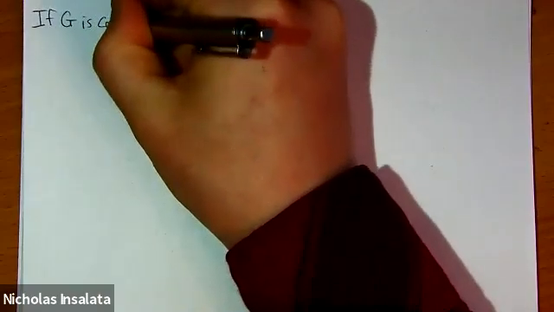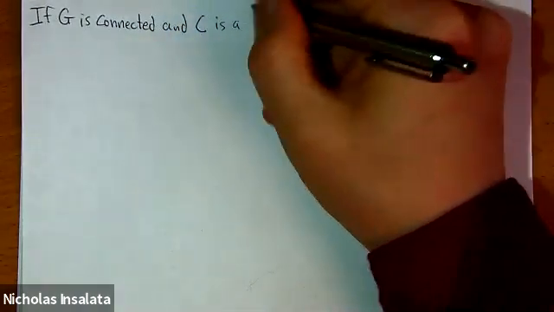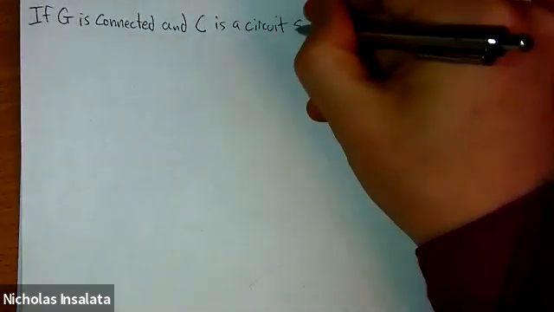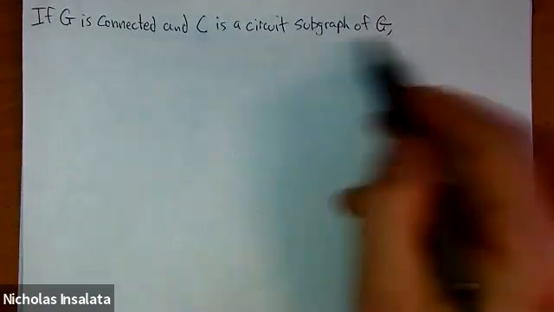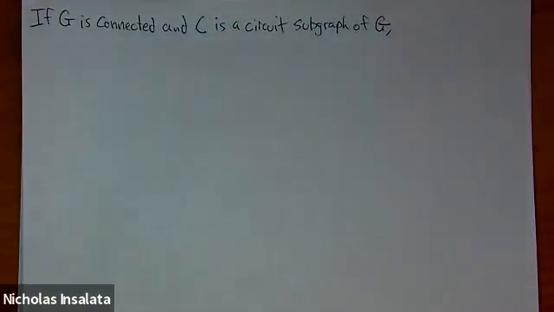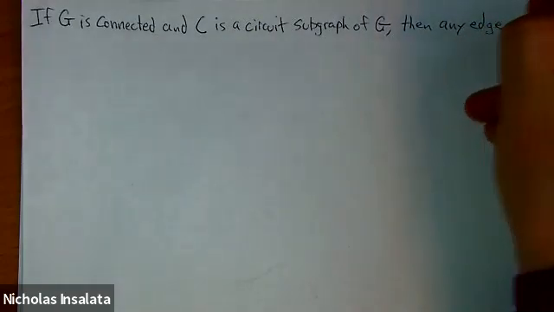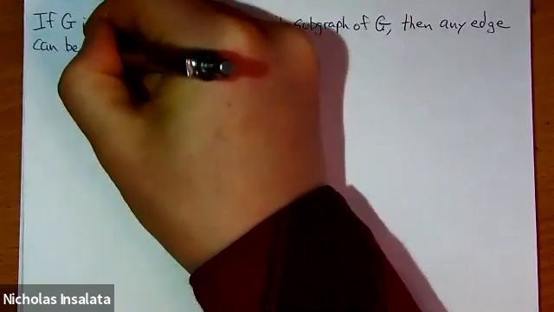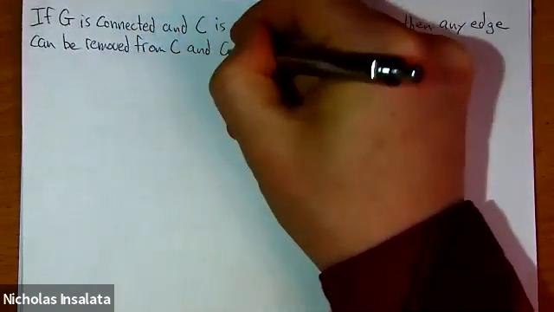It says, if G is a connected graph, so if G is connected, and C is a circuit subgraph of G, which means C is just a circuit that lives inside the graph G somewhere, then any edge can be removed from C and G will remain connected.